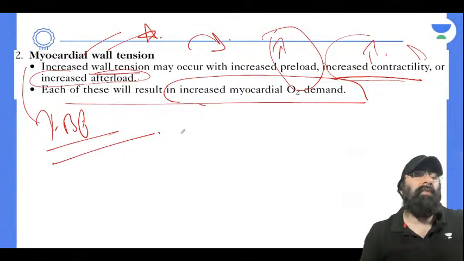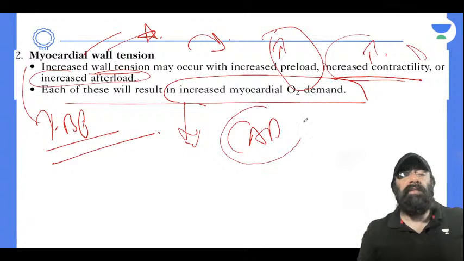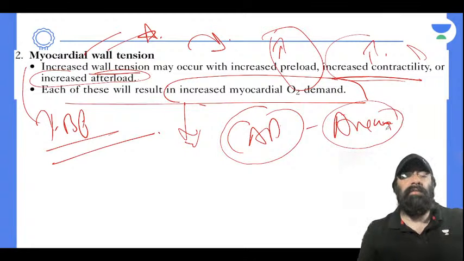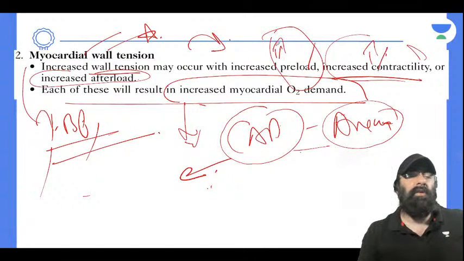So the target of reducing the myocardial oxygen demand in case of coronary artery disease or in case of anemia is the most important factor. If you have a patient with coronary artery disease, you want the blood pressure, the heart rate, the preload, the afterload, the contractility to be controlled.